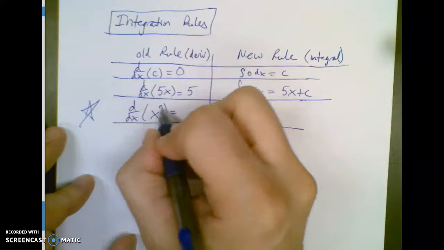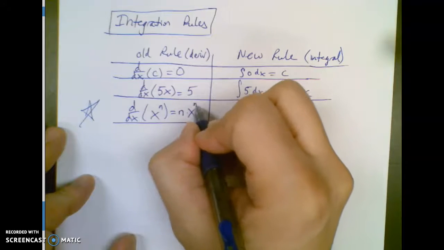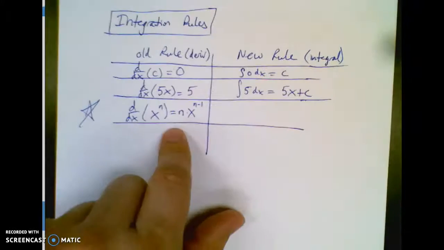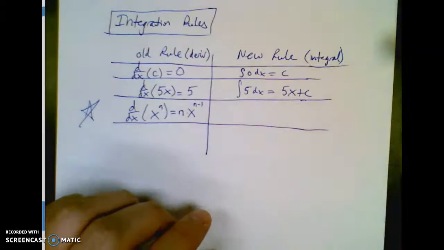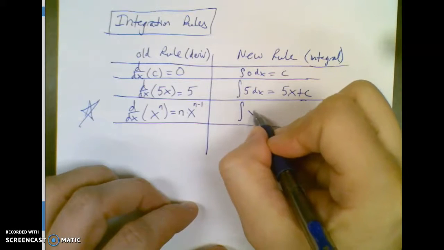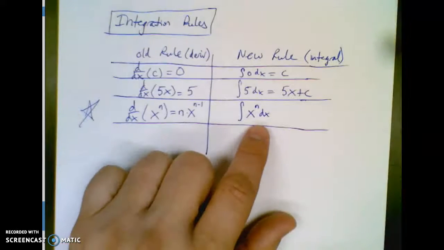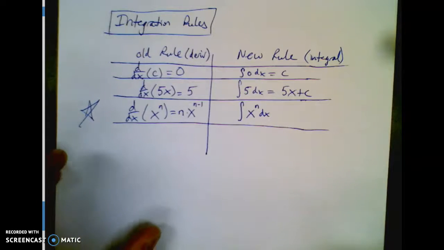And you take the old exponent in front times x to the n minus 1. That's our rule making derivatives. Our new rule, and the most important rule you're going to know for antiderivatives, is if you're ever asked to take the integral of x to the n, you're going to do the opposite stuff. So think about the order I did it in, because even the order's opposite.